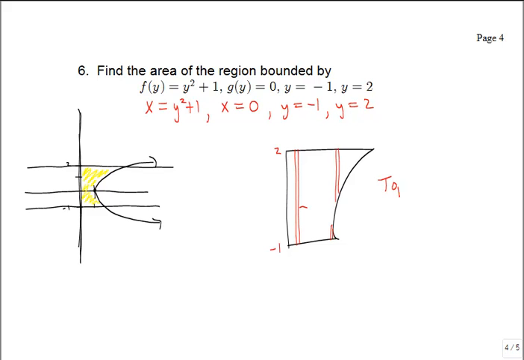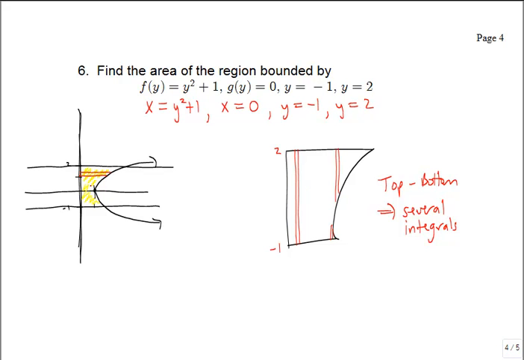Trying to do top minus bottom in this example would result in several integrals, one for each change. So as an alternative, instead of going top minus bottom, we're going to go left and right. We're going to go sideways. Instead of drawing my slices up and down, let's draw our slices horizontally.